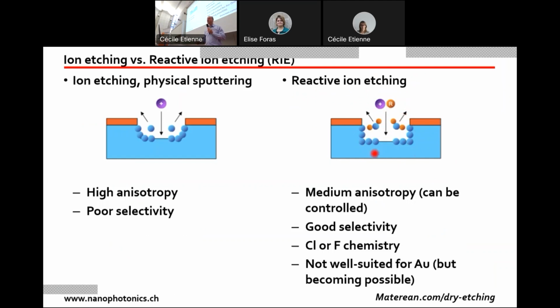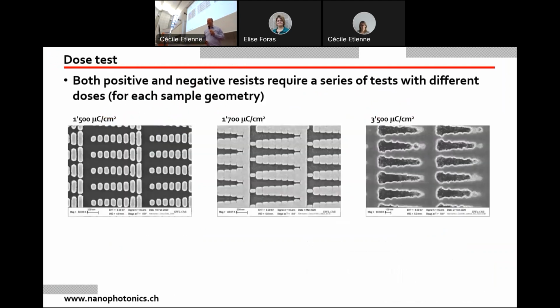That works well for glass, for silicon. That's why it's very much used in the semiconductor industry. It doesn't work very well for gold. We start to see some emergence for gold, but it's quite tricky. So for gold, we've been using just this technique where basically you just bombard. It's like a focused ion beam, if you've heard about focused ion beam, but instead of directing the ions, you just bombard everywhere, and the mask will protect wherever it should not be etched away.